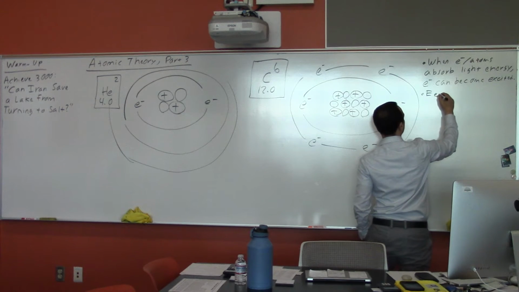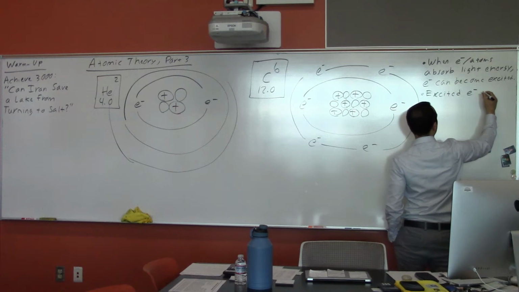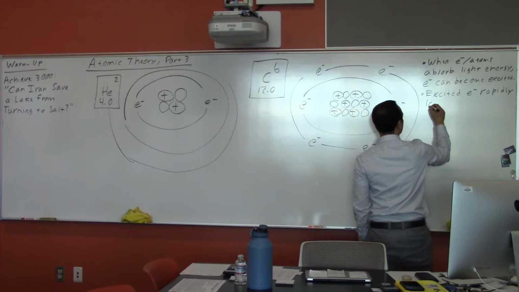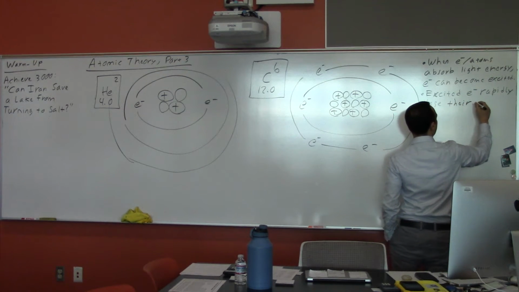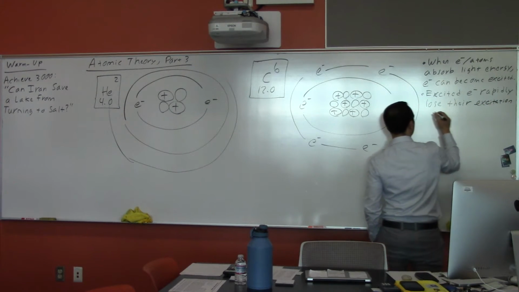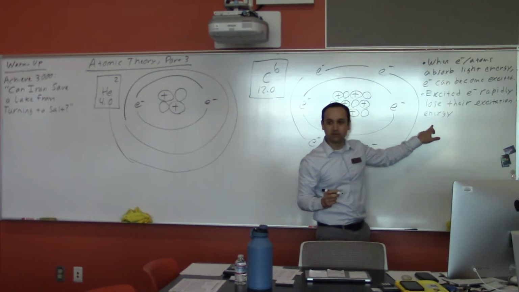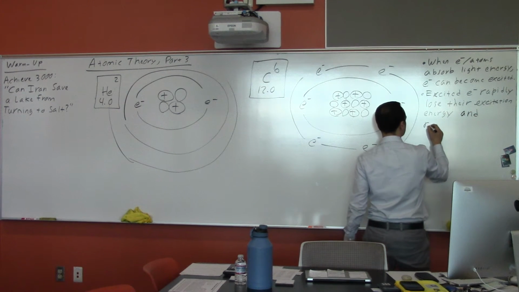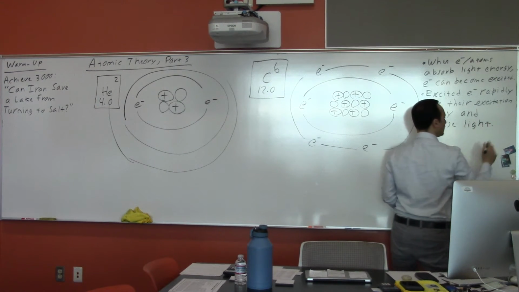Excited electrons rapidly lose their excitation energy and release light.